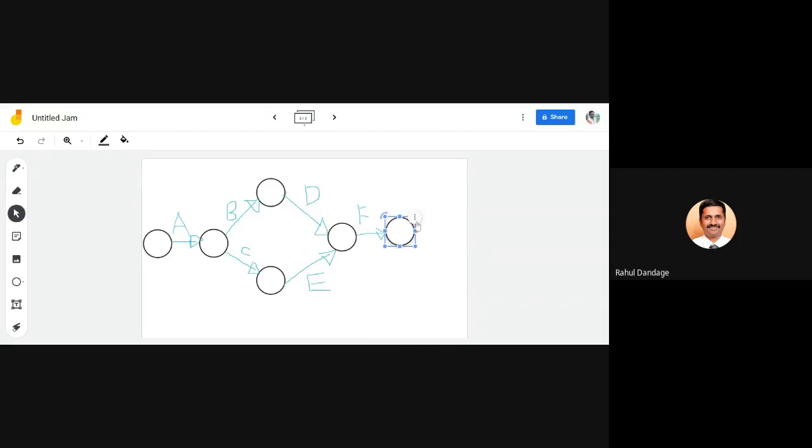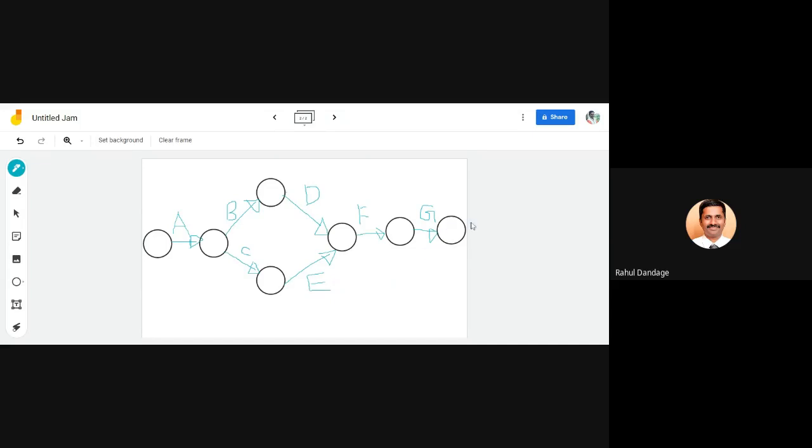So this is about it. I will simply join these two and say that this is F and G. Now, is there any necessity that D and E should also be connected to this?